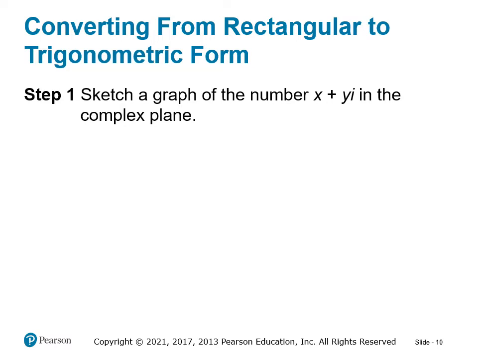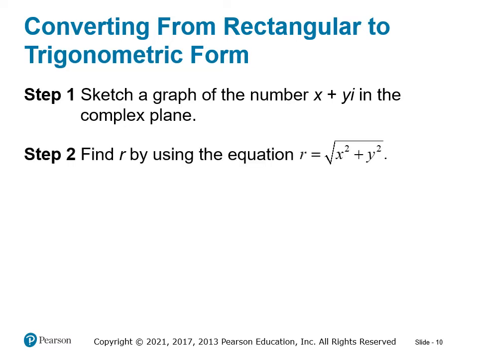But of course, remember, x is our real number and y is our imaginary number. And we do this to see what quadrant our vector is in. So step 1 is really just to figure out which quadrant you're in, quadrant 1, 2, 3, or 4, so that we can figure out the value of the actual angle theta.